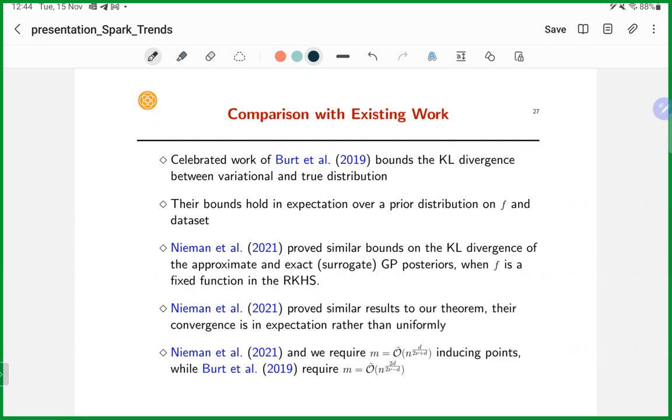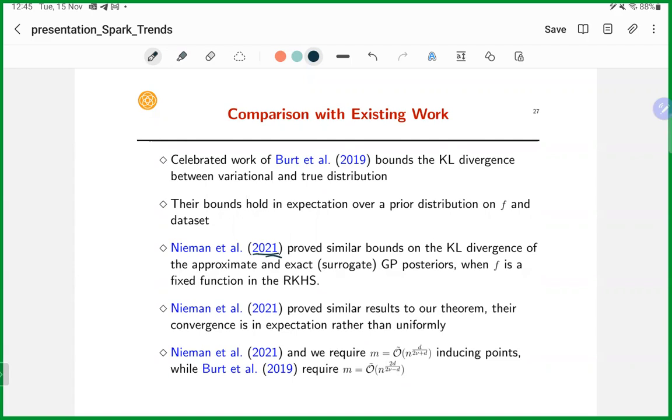A more recent 2021 paper proves similar bounds on the KL divergence between the true and approximate distribution when f is a fixed function. They also have similar results to our theorem on the convergence. This 2021 paper requires a number of inducing points similar to ours, while the Burt et al. paper requires a much larger number of inducing points.